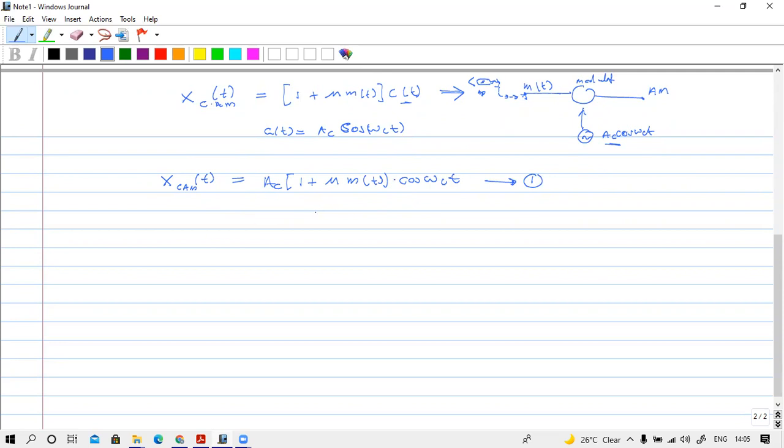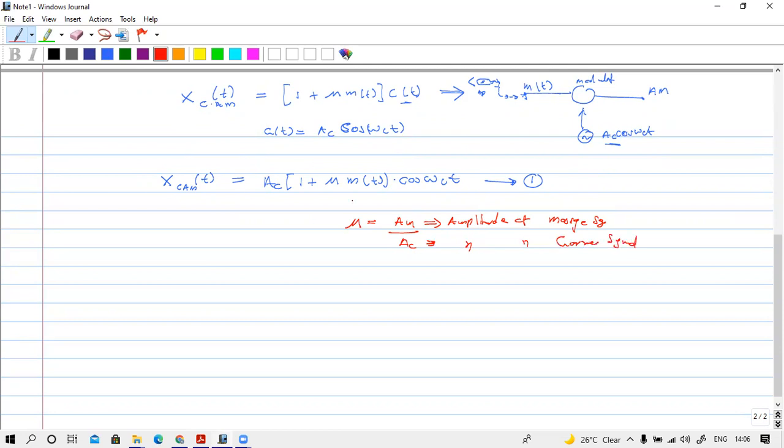Here mu is defined as A_M over A_C, where A_M is the amplitude of the message signal and A_C is the amplitude of the carrier signal.